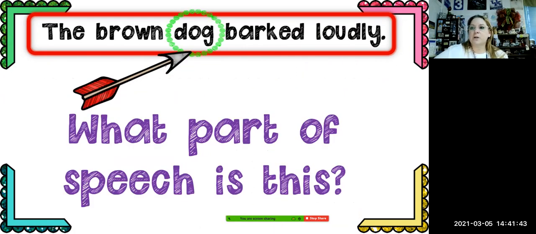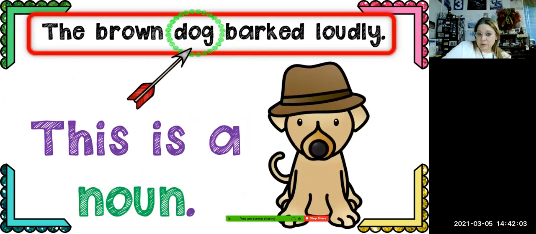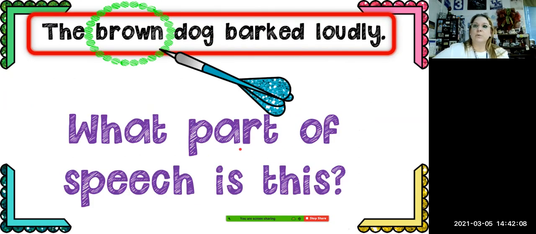So let's look at this word in the sentence, the brown dog barked loudly. What part of speech is this word dog? Well, it's an animal, right? And I know that person, place, thing, animal, or idea is a noun. So dog is a noun. So look at the word brown in that sentence.